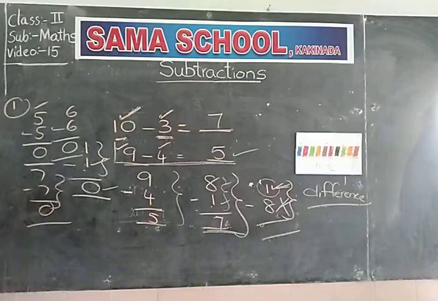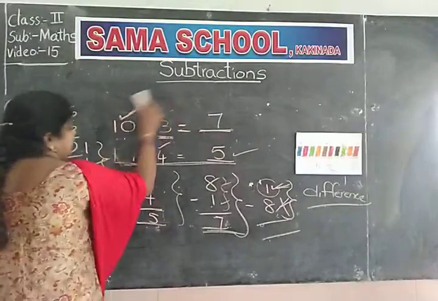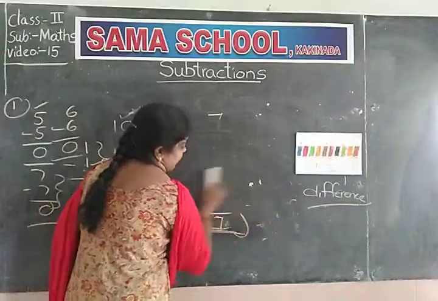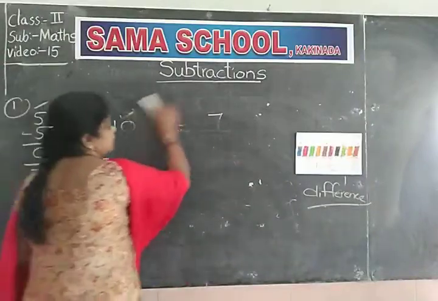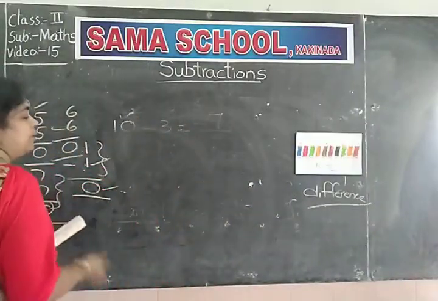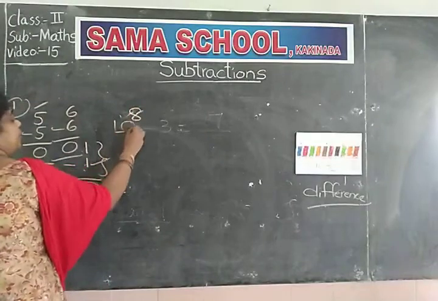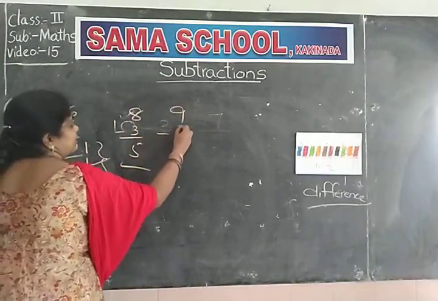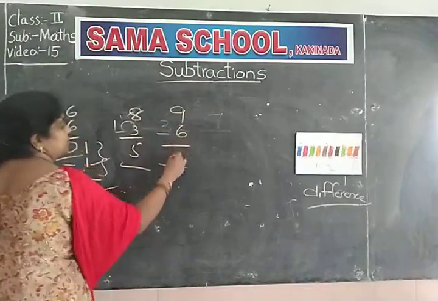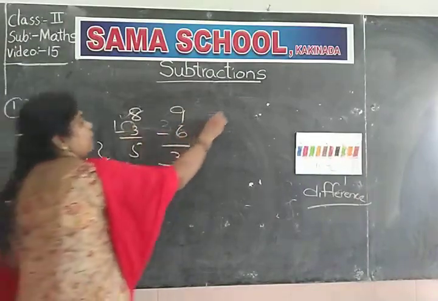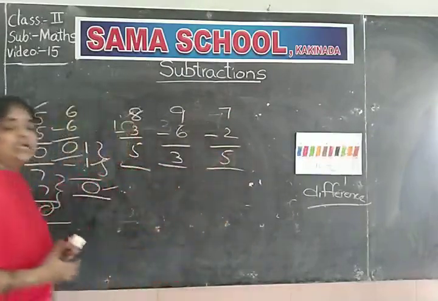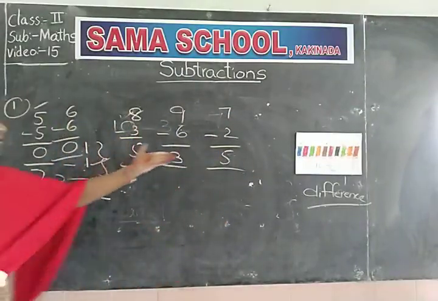We can subtract a number from the same number and we can subtract a small number from the big number. 8 minus 3, 5. If you subtract 6 from 9, you get 3. If you subtract 2 from 7, you get 5. Take out 7 fingers, cut off 2 fingers, you get 5.